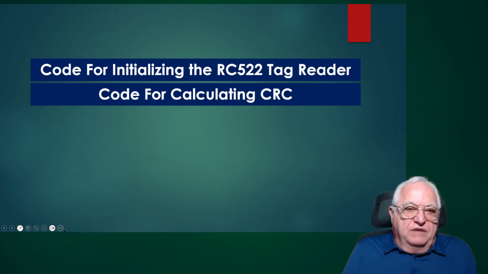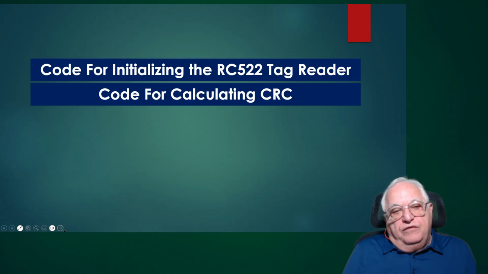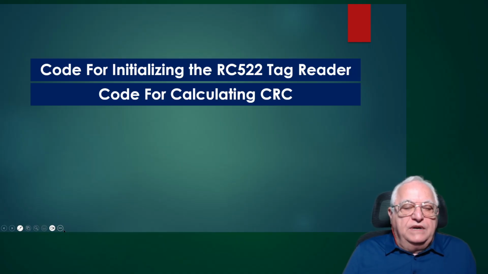For example, every time we send a message, we're going to require a CRC. So let's look at how we do the CRC, and then we have to initialize it. I'm building the program a little bit at a time, and then we'll put it together. So let's continue with the code development.